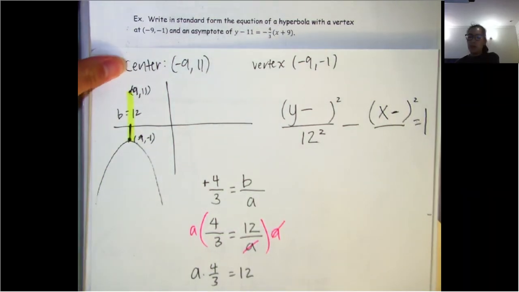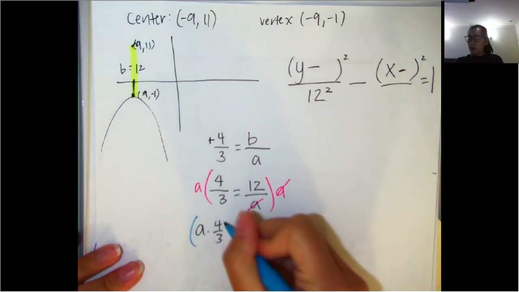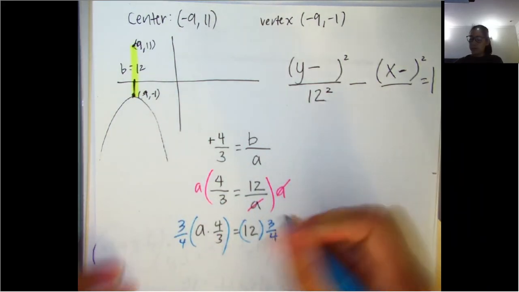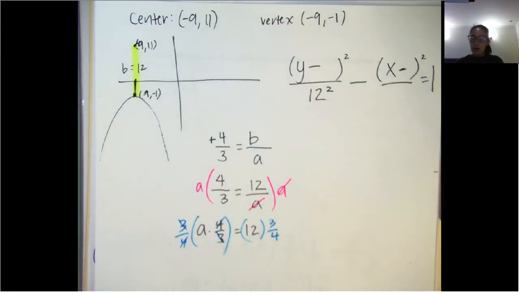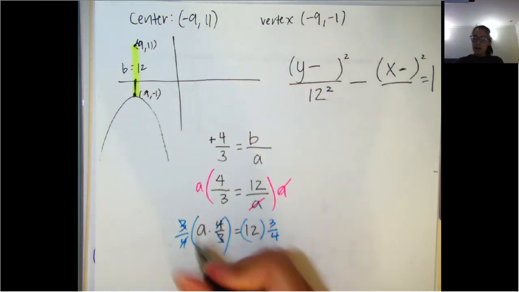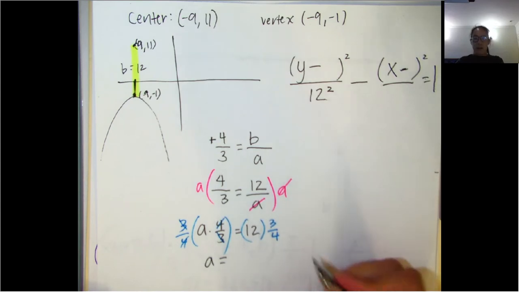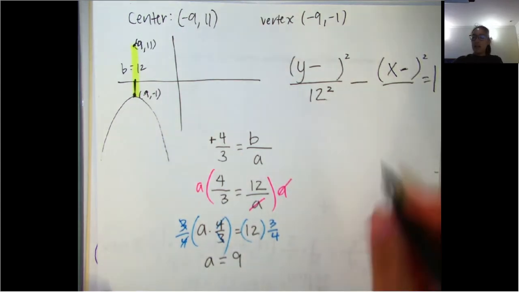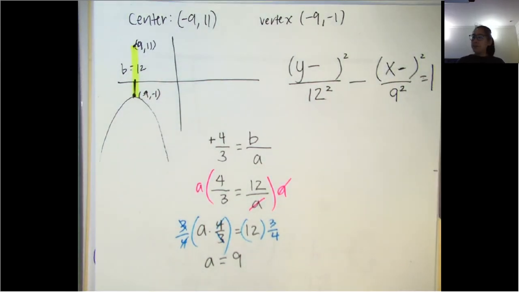Now you're going to want to multiply both sides of the equation by 3/4, the reciprocal of the 4/3. Over here, the 3 and the 3 will cancel out, and then the 4 and the 4 will cancel out. And so we're left with just a on the left side, and that was the point because we're trying to solve for a. We're trying to figure out what a is. And 3/4 of 12 is going to be 9. So a equals 9. And so over here we have a equals 9, so we have 9 squared.